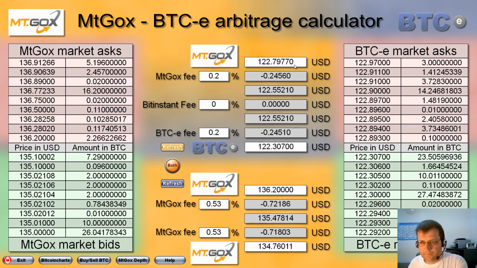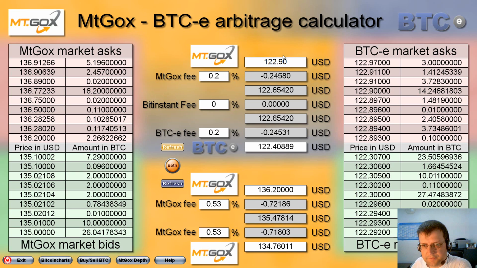Let's say we sell some BTC for this price. So I will change the information here to this price, and it's about 122.9.